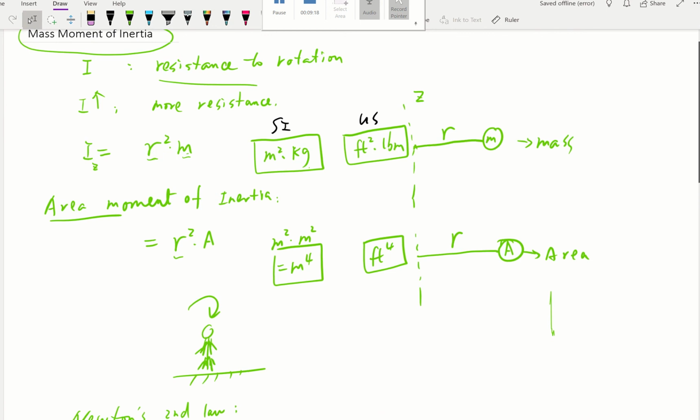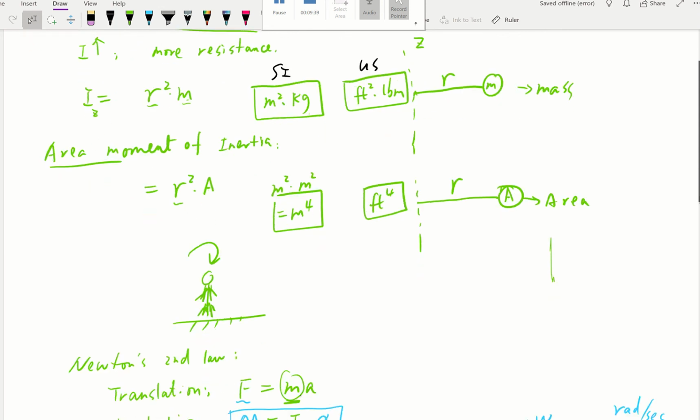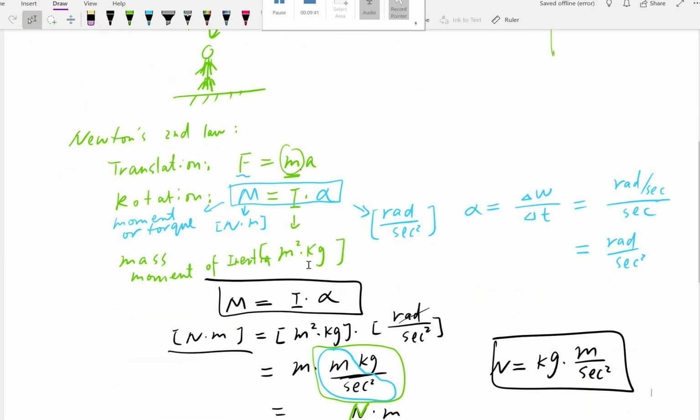Depending on your purpose, sometimes you want the resistance to be small, like a figure skater doing a triple axel. Sometimes you want this resistance to rotation to be high, for example in the structural engineering field, where you don't want collapse, bending or rotation. And we understand how it is related to the torque and angular acceleration.